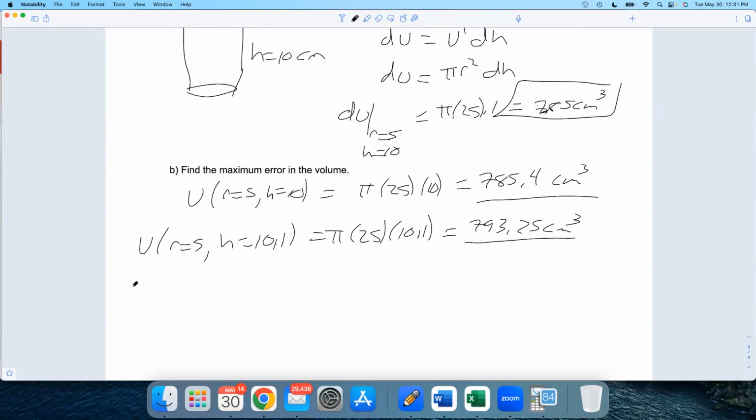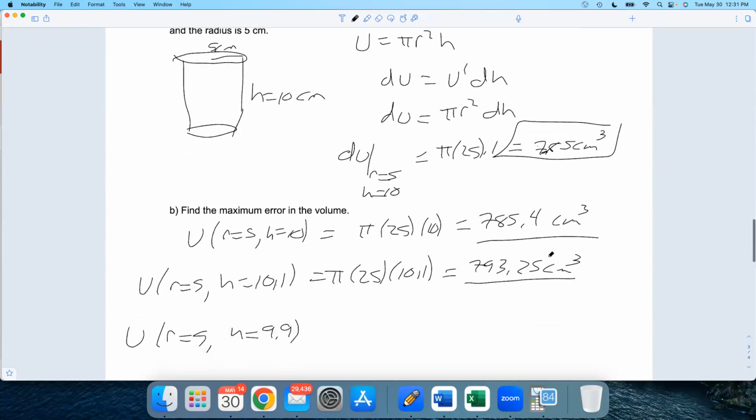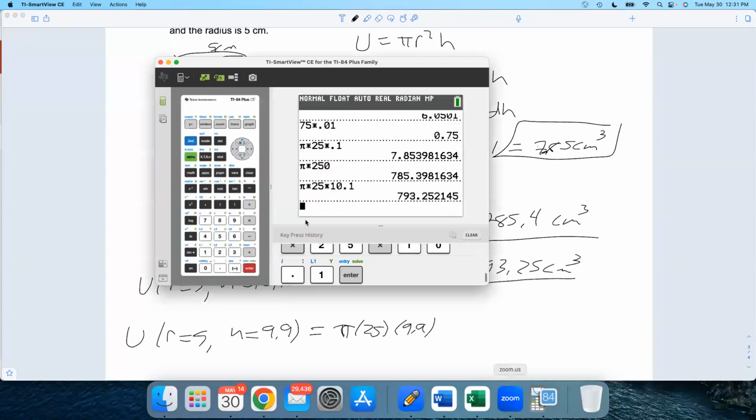Because that error, that lack of accuracy could happen in either direction. What if H is 9.9? 0.1 right here. So the minimum volume I might end up with on this cylinder would be that guy.